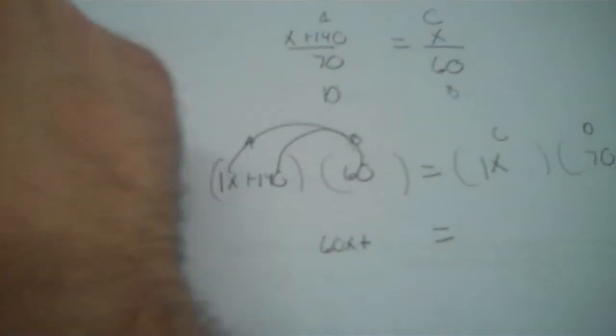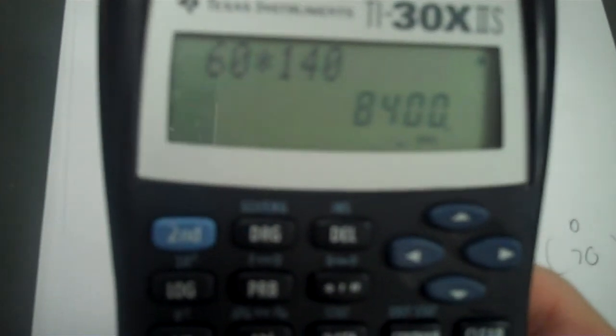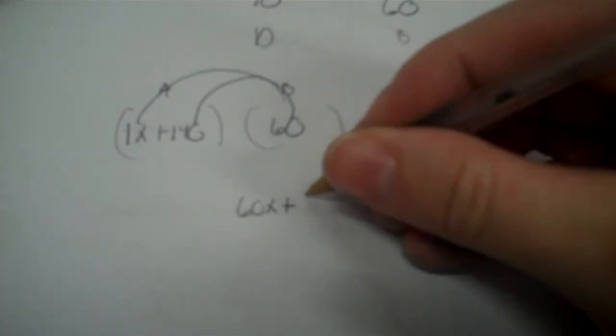C is just the expression X, and D is 70. Now I put ones in front, and over here with the 3 numbers, I apply my rainbows springing out from the 60. So 60 times 1x would be 60x. Remember, times the 60 by the number with the x first. And 60 times 140 is 8,400.